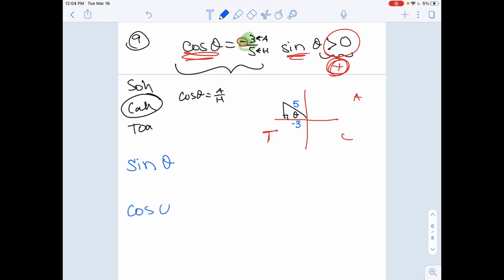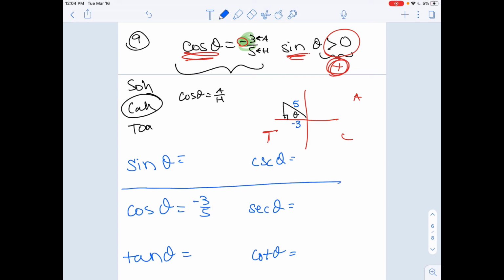We're looking for sine, cosine, which we know is actually -3/5. We're looking for tangent. We need to find cosecant, secant, and cotangent. And remember, I have those in that order for a reason, because these are next to their reciprocal functions, okay? So quickly, let's go ahead and find the 4th side.